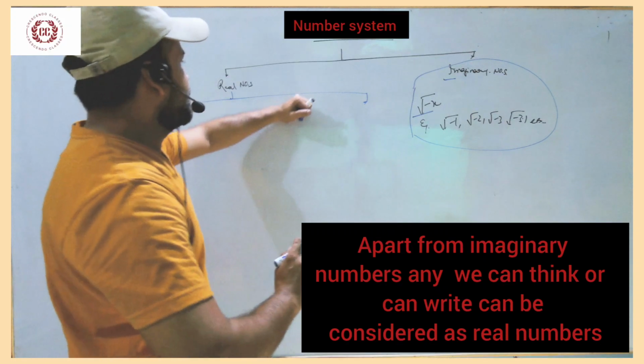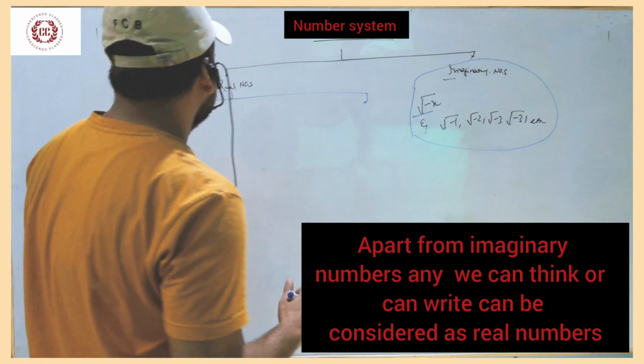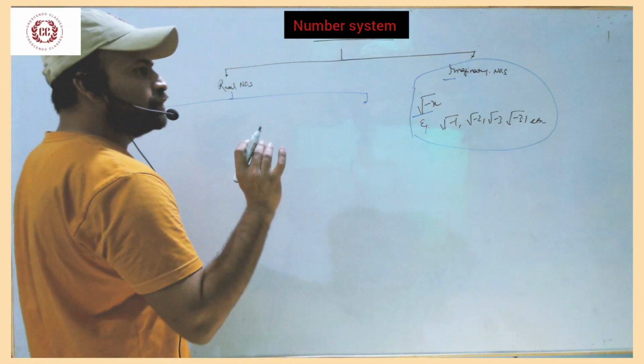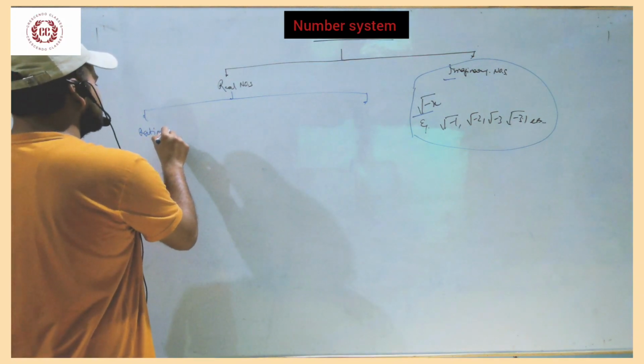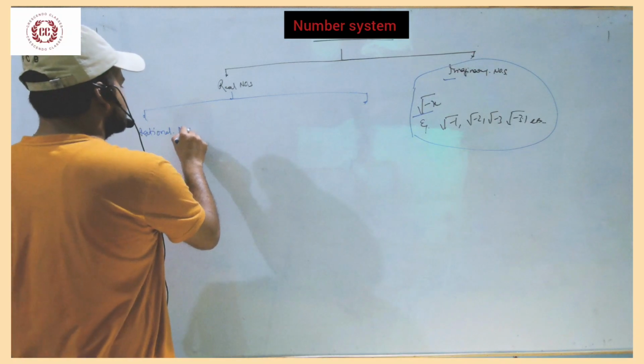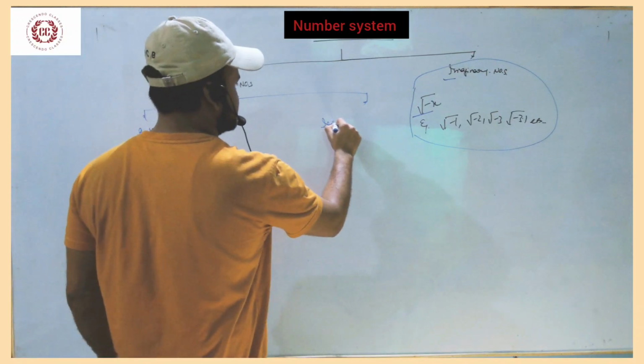While classifying real numbers, we can broadly classify them into two parts: rational numbers and irrational numbers.